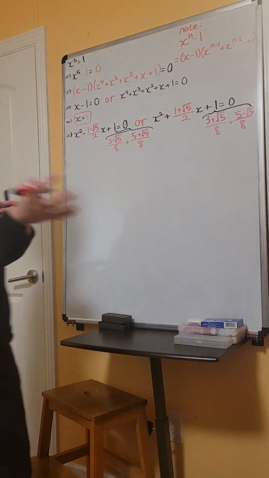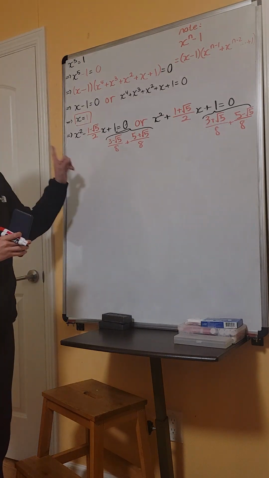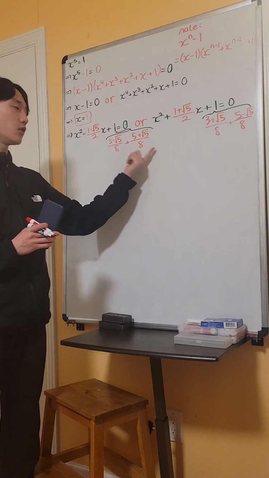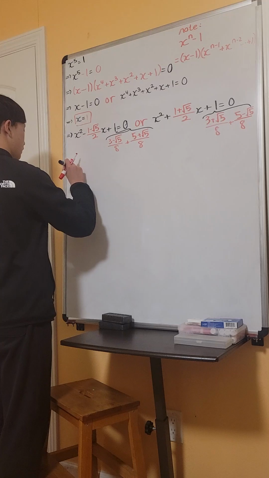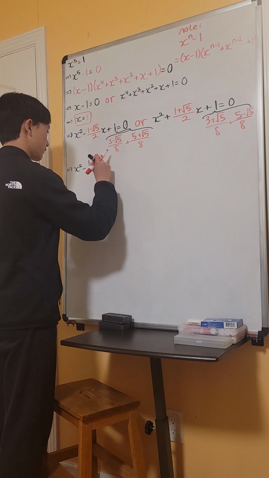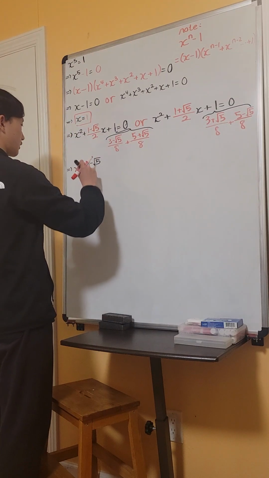Okay, so almost done. Next step, let's just remember, this is the value that we want. We don't want this. So let's move this to the other side of the equation by subtracting it. So here we have x squared minus 1 minus root 5. Sorry, is this some negative or positive? I'm pretty sure it's a positive.